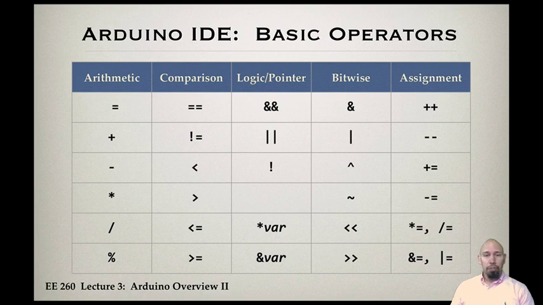Modulus is the integer portion of a quotient. So if you have, for example, the number pi, and you do pi modulo 3, then you'll get 0.141.